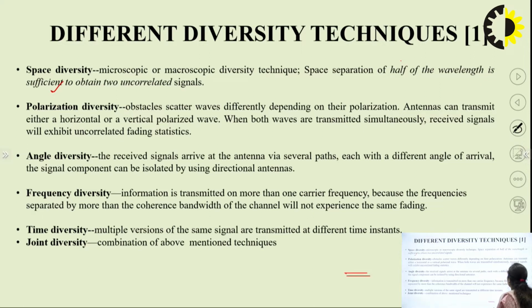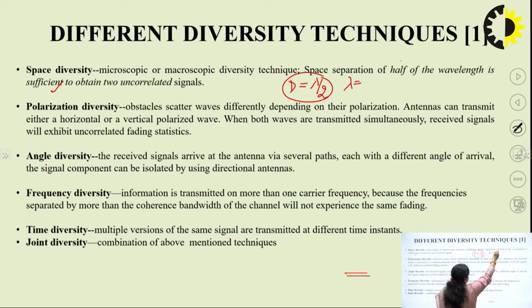Space separation of half of the wavelength is sufficient to obtain 2 uncorrelated signals, which means that in this case the distance between the transmitter and receiver can be considered as lambda by 2, where lambda can be calculated from the frequency of operation, means the frequency of the signal which is considered for transmitting the signal.